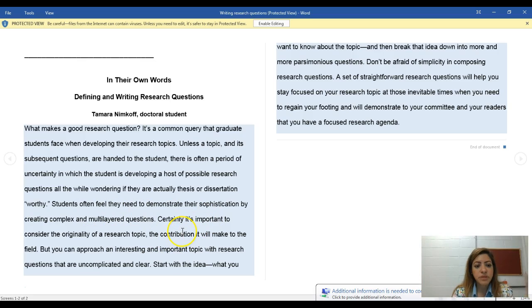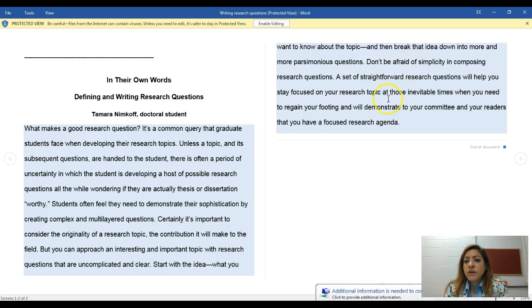Don't be too complicated. Don't have multi-layered questions. Have a straightforward question with no complexity. You can approach an interesting and important topic with research questions that are uncomplicated and clear. Start with the idea, what you want to know about the topic, and then break the idea down into more and more precise questions.